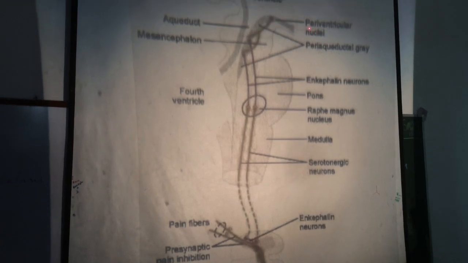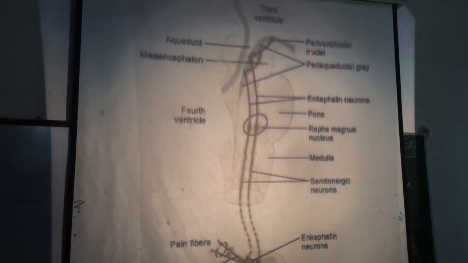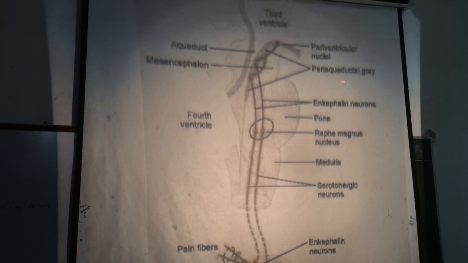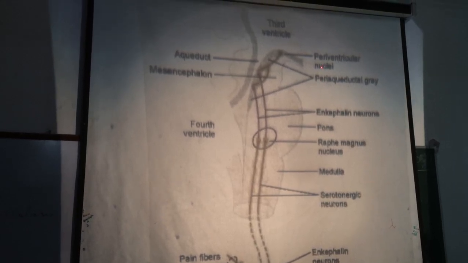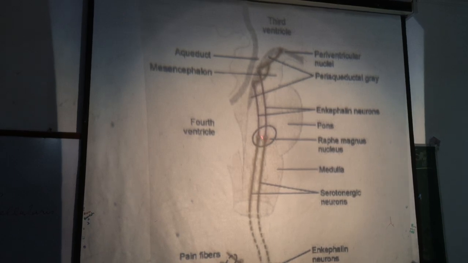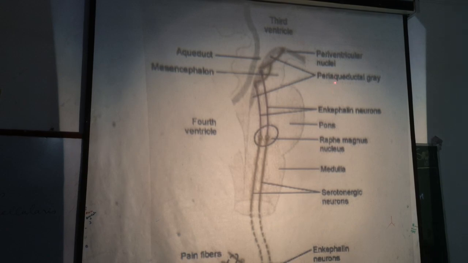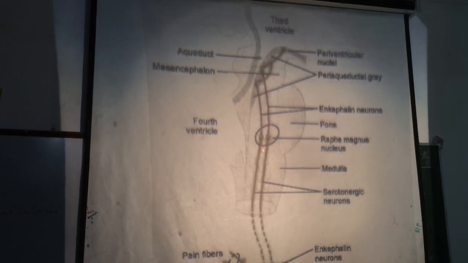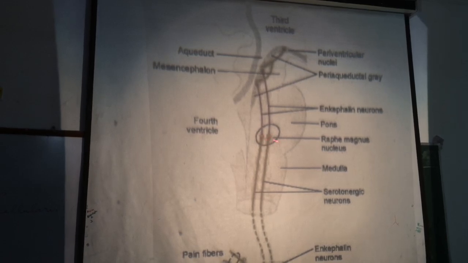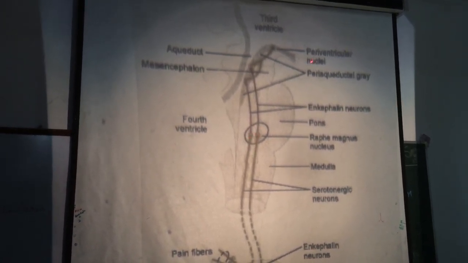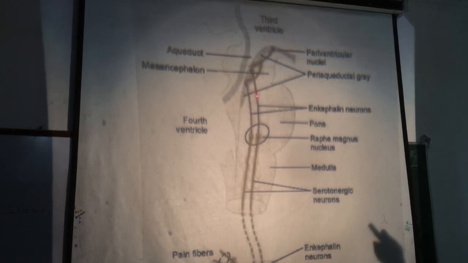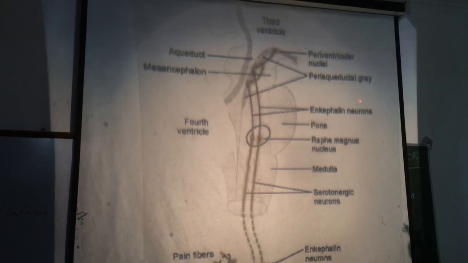Nerve fibers which pass from periventricular nuclei to periaqueductal gray matter, and then nerve fibers which pass from periaqueductal gray matter to Raphe-Magnus nucleus, these two sets of fibers release enkephalin at the nerve endings.